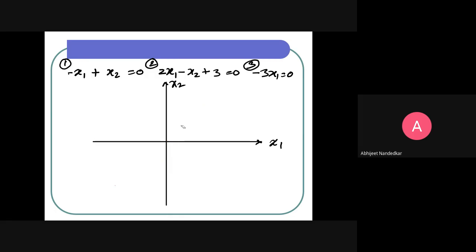It should pass through 0. Okay, something like this. This is not perfect. It is minus x1 plus x2 is equal to 0.